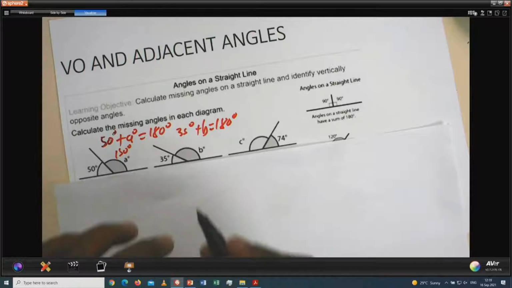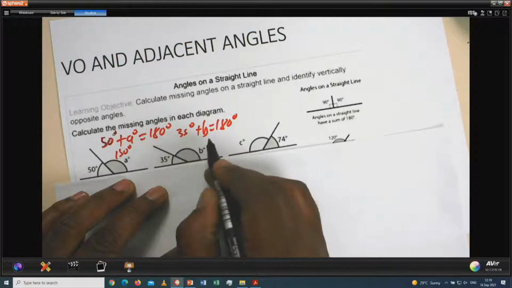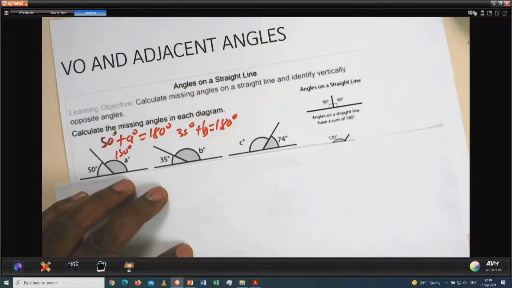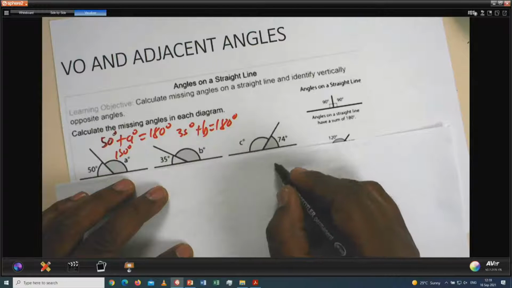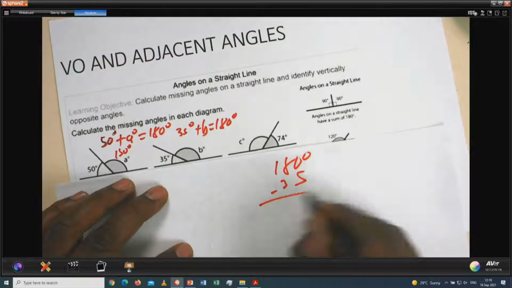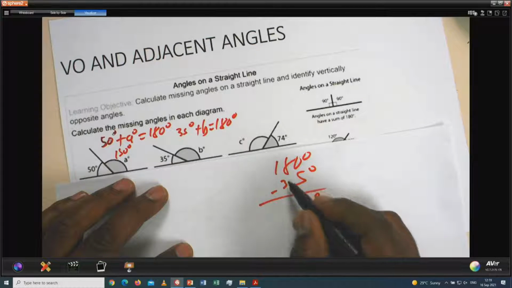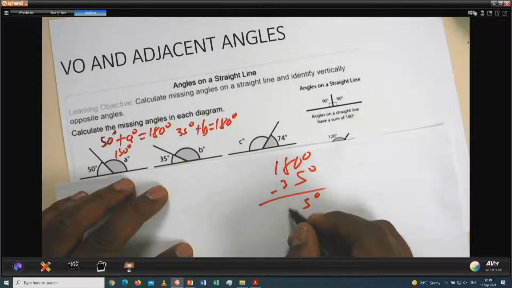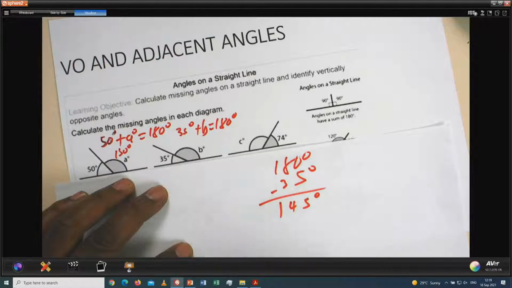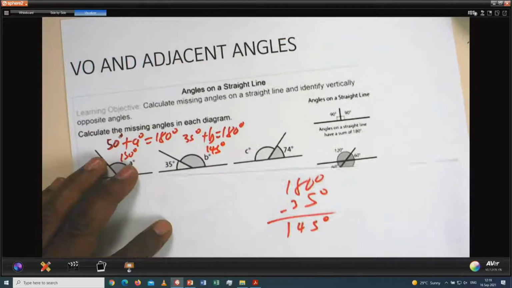Now, for the left to be 180, what must B be? 180 degrees minus 35 degrees is 145 degrees.